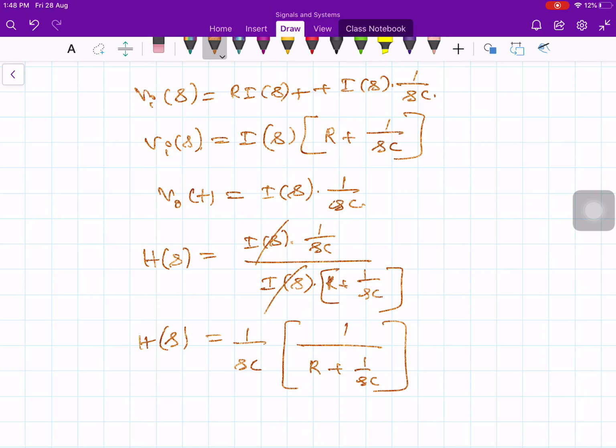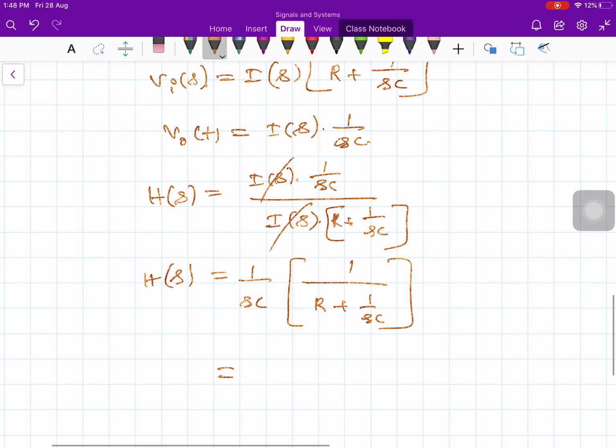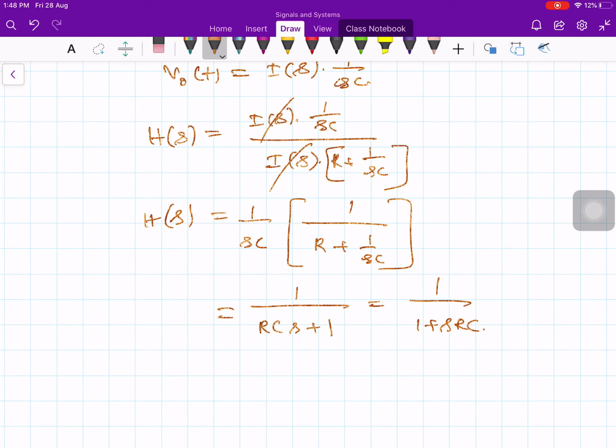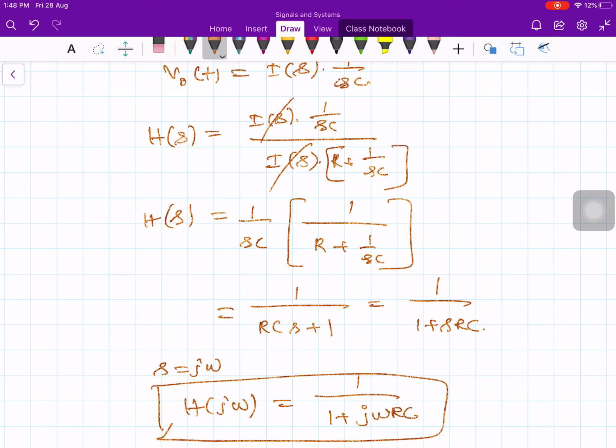Take SC inside: 1 plus RCS, and the SC gets cancelled. So this is 1 by 1 plus S times RC, that is H of S. Now substitute S equal to j omega, then H of j omega is equal to 1 by 1 plus j omega RC. Okay, that's it.